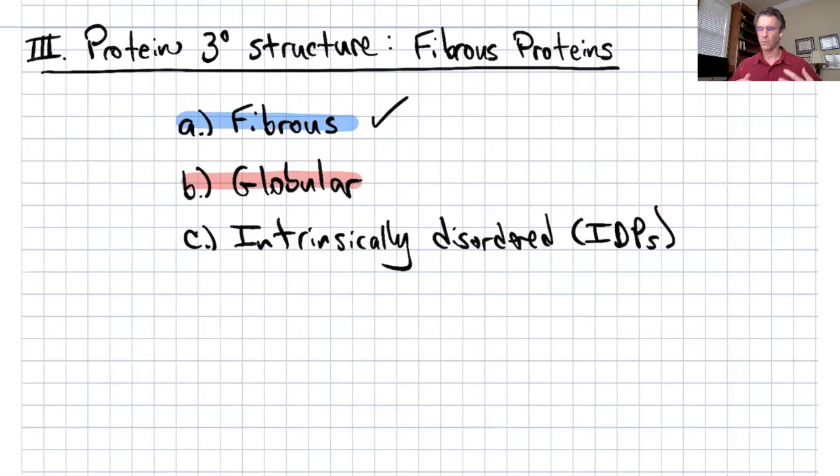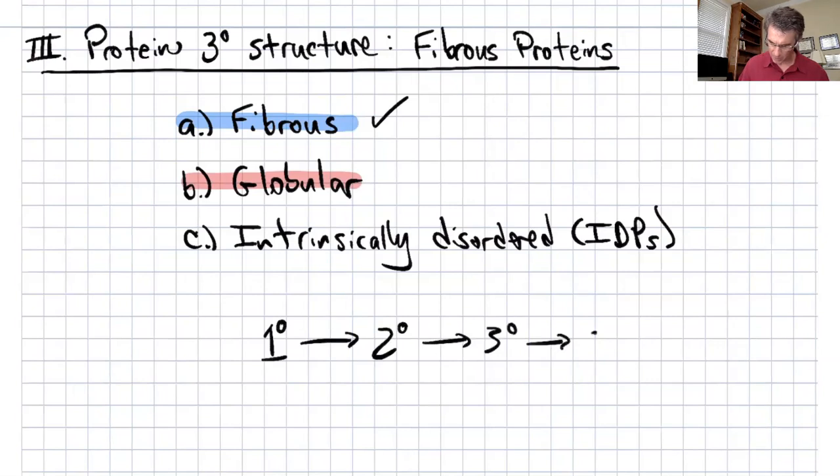But for globular proteins, one thing that is true is that the structural hierarchy that I've been talking about, that propagates from primary sequence up to secondary, up to tertiary, and then up to quaternary structure, is much easier to see.